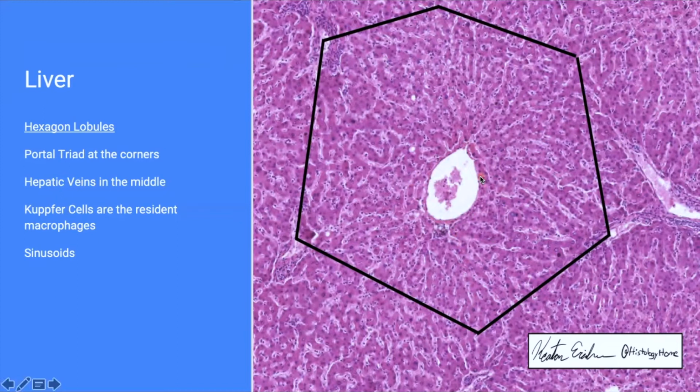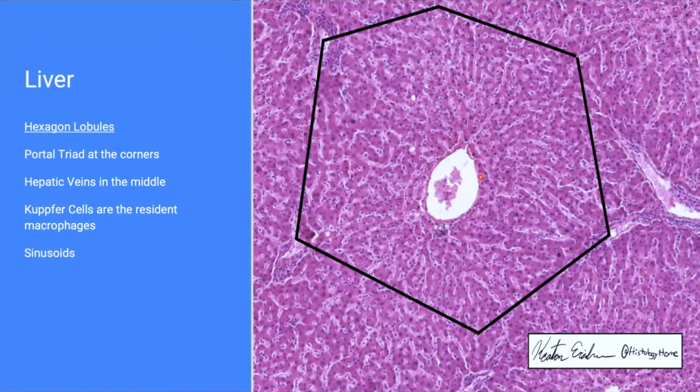And then within those sinusoids, we're actually going to see some resident macrophages. These are termed Kupffer cells, and they are macrophages that are specifically resident macrophages found within the liver sinusoids. So that's just a fact to put away. The cells found within the hepatic lobules that act as macrophages are termed Kupffer cells.